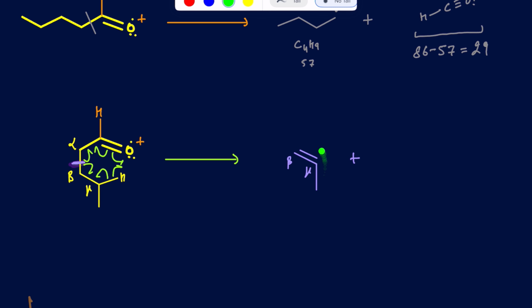So this is going to be one of the products, and your second product that you're going to be seeing in here would be looking something like this. So you don't really create a carbocation here, you still create a radical carbocation here. So you're still going to have the hydrogen now that's connected with that oxygen. You still have one full lone pair and one radical in there that makes it a positive formal charge on that oxygen.